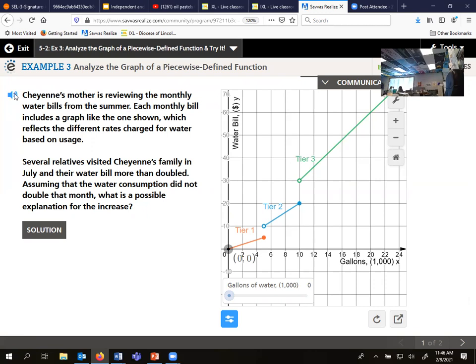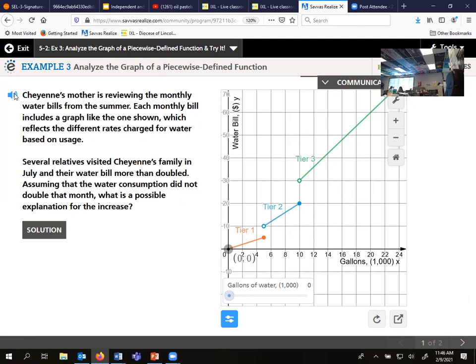This is still just for 1 month. Then things kind of increased a little bit. So there's this big jump, and once they hit so many gallons of water, it jumps up to another price range. And then once they hit another so many gallons, it jumps up to another price range. And then it's going to continue up there.